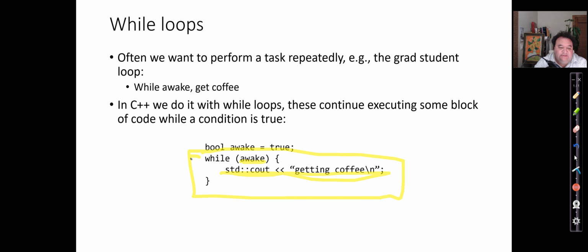Now this program alone would run forever because the condition is true and never changes. So if we want to run this a certain number of times, at some point we will have to change awake from true to false, so that the repeated computation inside this loop stops.